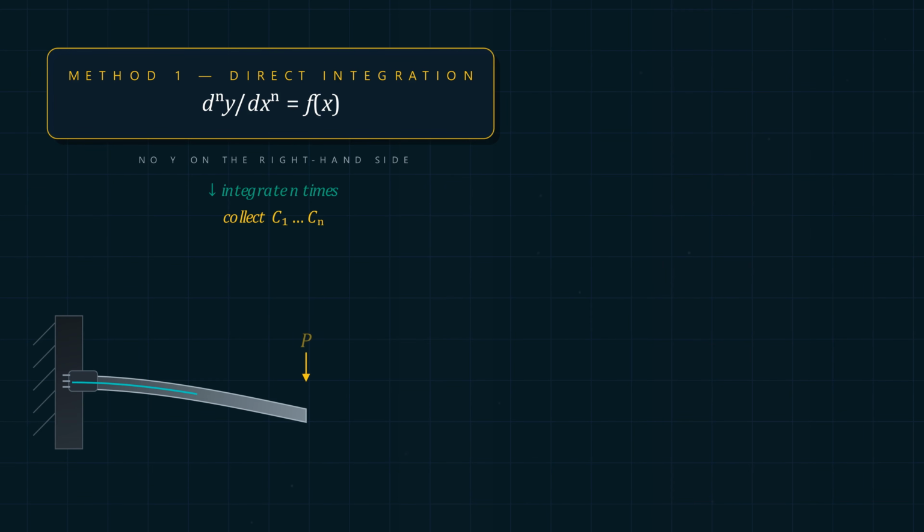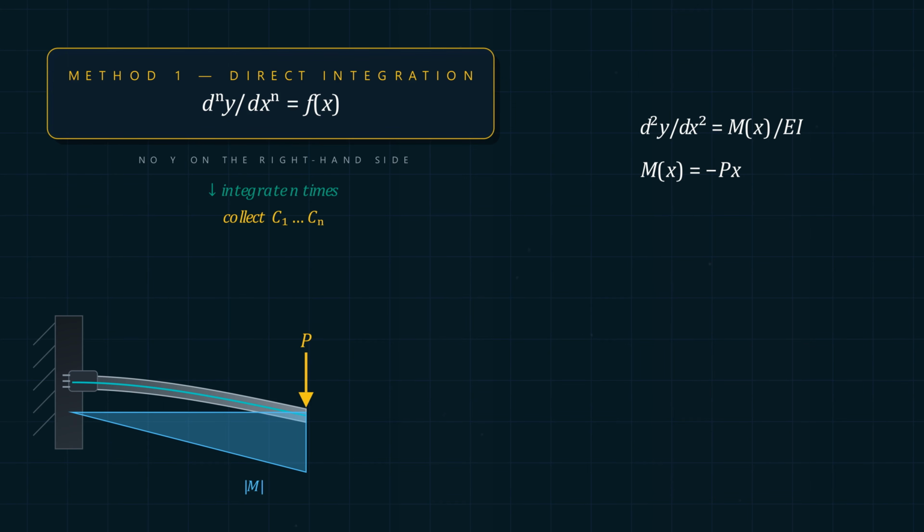Example: the Euler-Bernoulli beam theory gives us d squared y over dx squared equals the bending moment M of x divided by the flexural rigidity EI. For this cantilever beam with a point load P at the free end, the bending moment at position x is M of x equals negative Px.